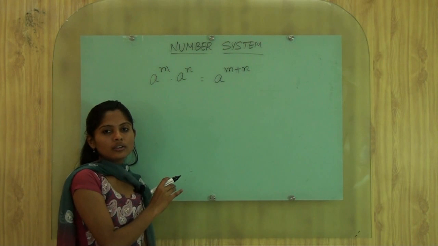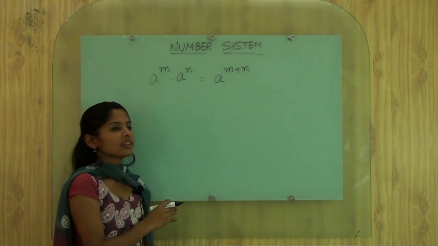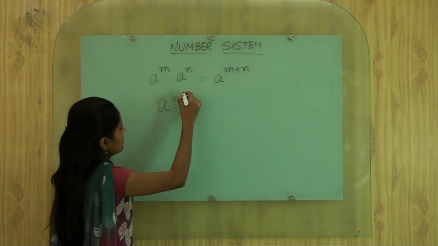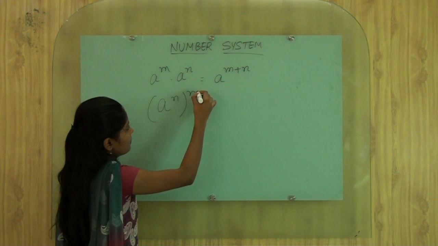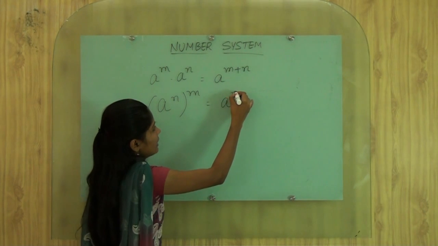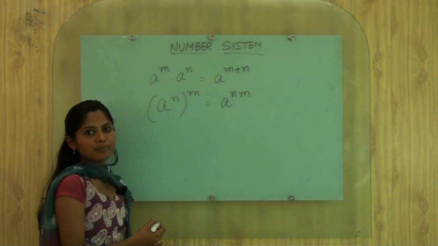This is one law of exponents. Another one is, if you have a power n whole power m, then you can write it as a power n into m.